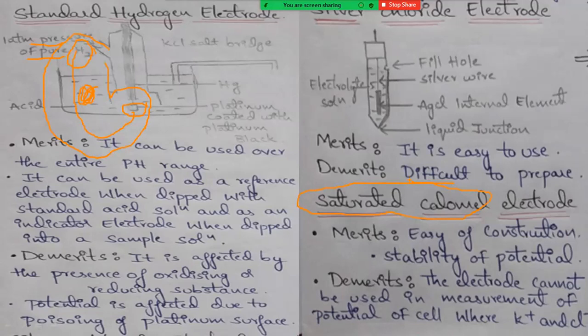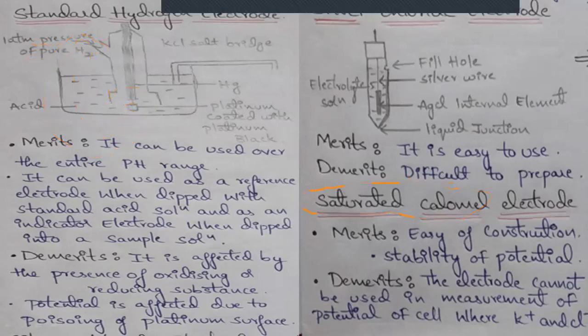If you perform the experiment at the same temperature, at room temperature of about 25 degrees centigrade, the potential values will always be the same. But it is not possible in the hydrogen electrode. It is very difficult to get accurate potential values using the standard hydrogen electrode. So that's why the saturated calomel electrode is the most widely used one compared with the other reference electrodes.